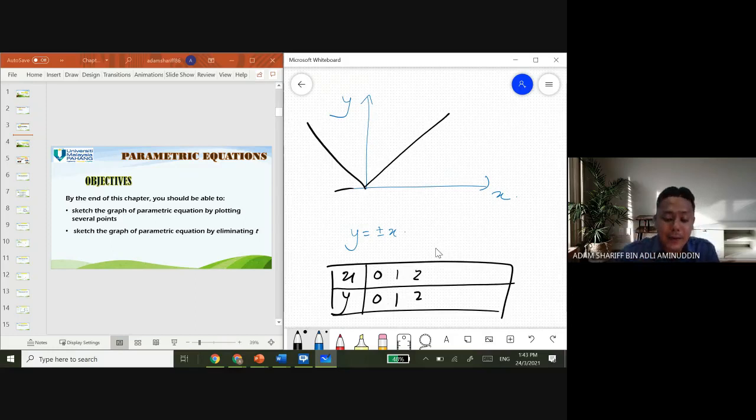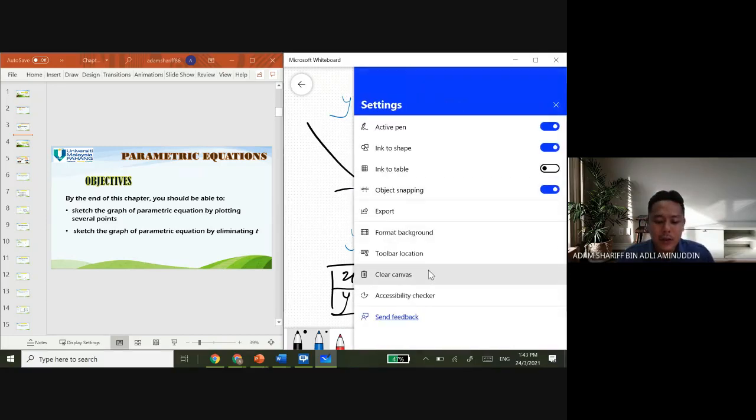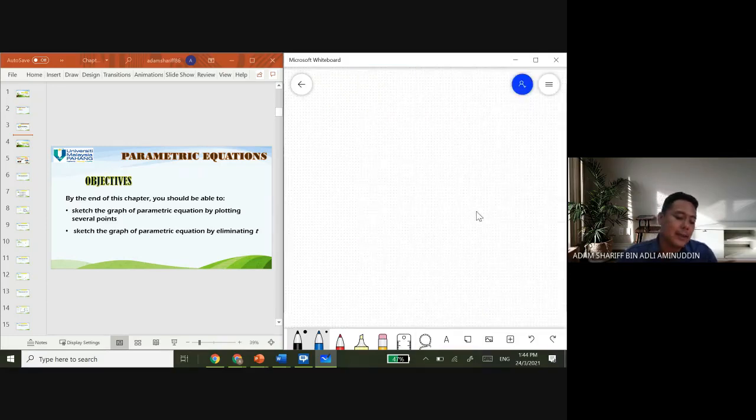Where y depends on the value of x. Okay, imagine there is more than one independent variable. More than one independent variable, it means that this variable depends on both y and x. Dia bukannya depend kepada satu variable saja, dia depend kepada dua. So that one we call as a new parameter.